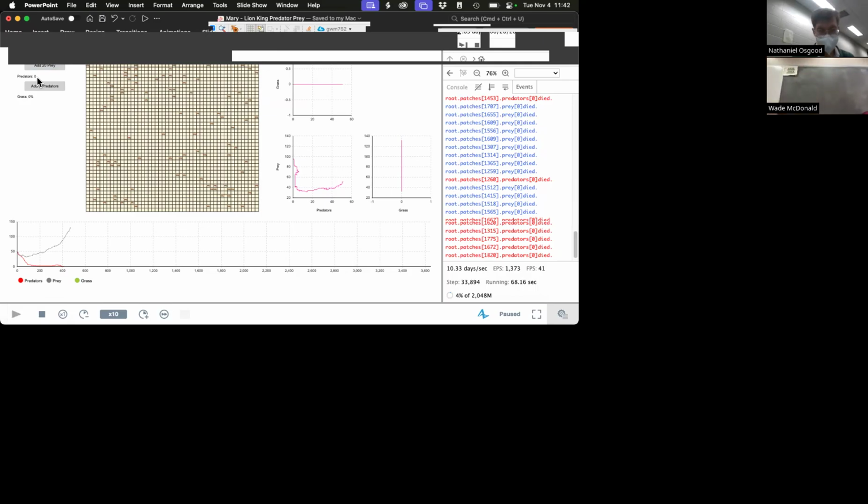So they've gone extinct. And that's something that can't really happen in the stock and flow model, because we could have a fraction of a predator and we could interpret that as a probability or a fraction of the total capacity of the system. But here, when we get an exact 0, there are none left.